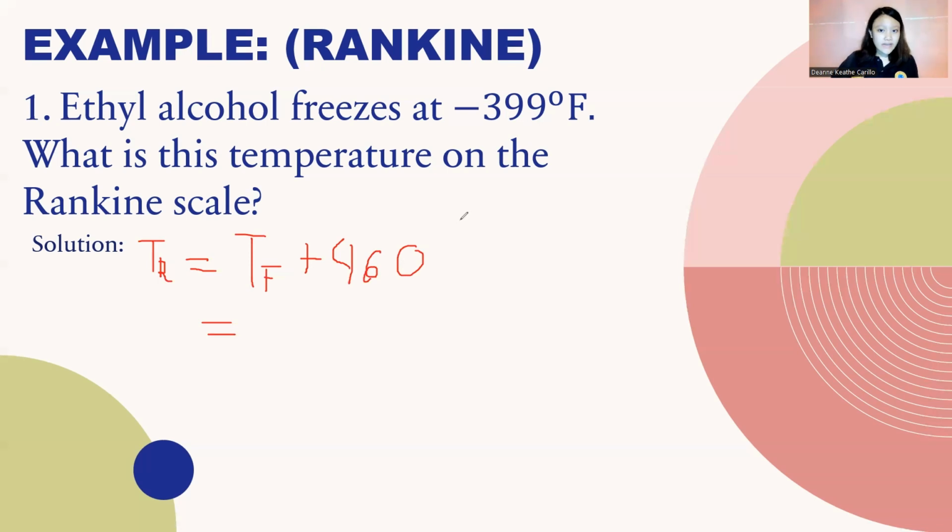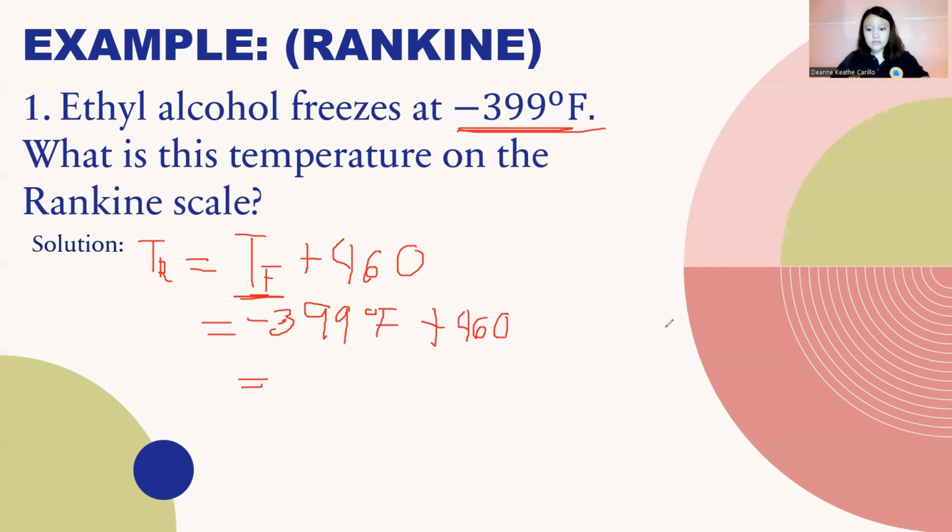Now, ang ating hinahanap is temperature Fahrenheit, which is negative 399 degree Fahrenheit plus, let's use our calculator, negative 399 Fahrenheit plus 460. It means it is equals to 61 degree Rankine.